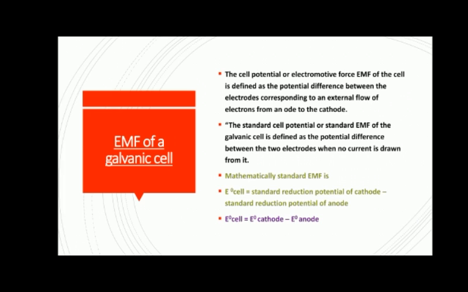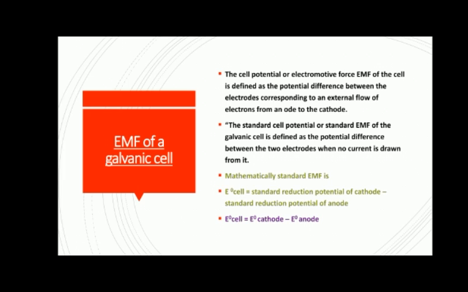Now the EMF of a galvanic cell. The cell potential or electromotive force of the cell is defined as the potential difference between the electrodes corresponding to an external flow of electrons from anode to cathode.